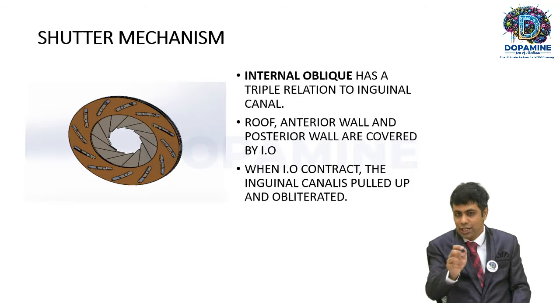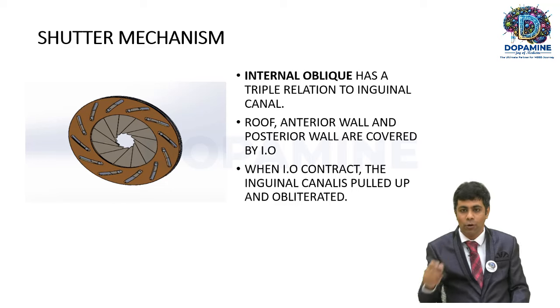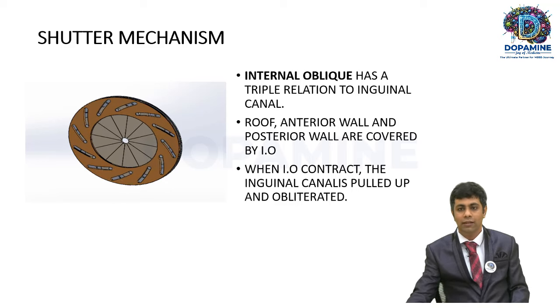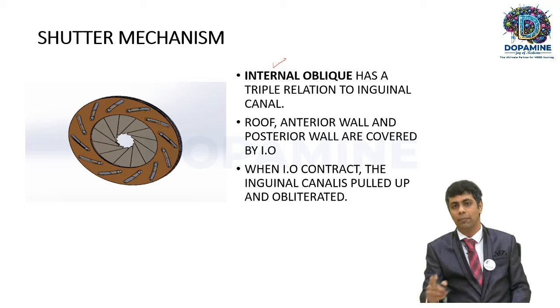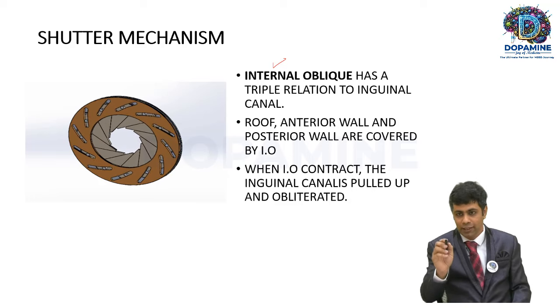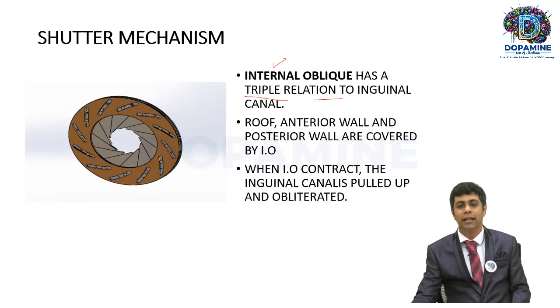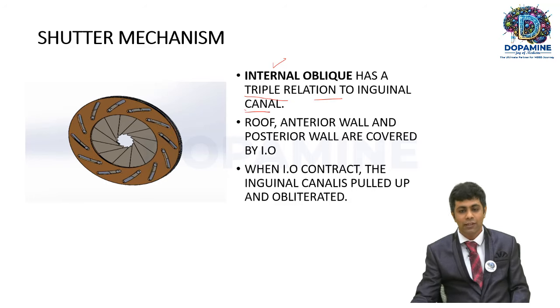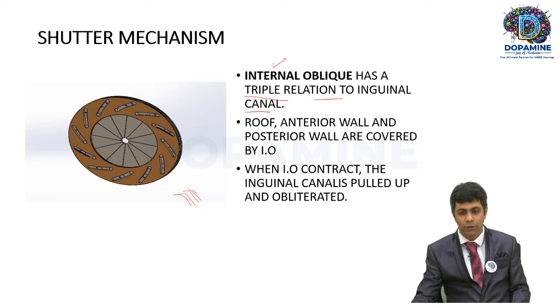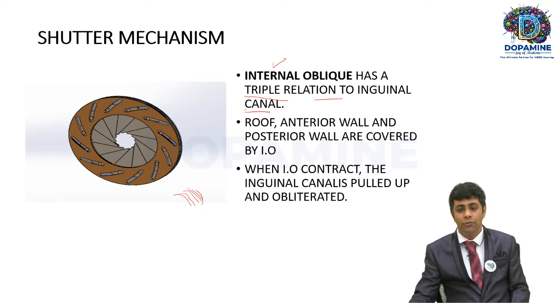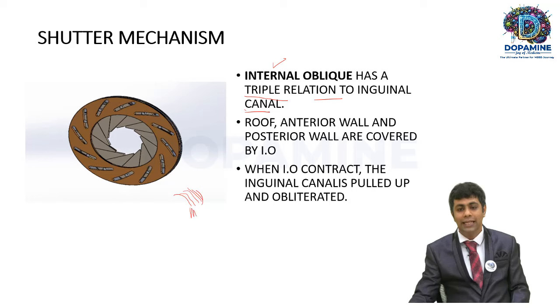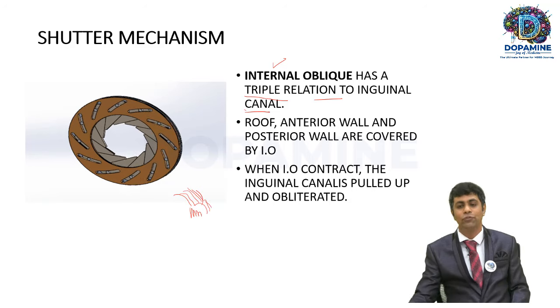The second, shutter mechanism. I stressed upon a muscle called the internal oblique muscle when I talked about the boundaries. You remember? So this internal oblique muscle has got a triple relation with the inguinal canal. It forms the roof, the anterior wall, and of course the posterior wall.